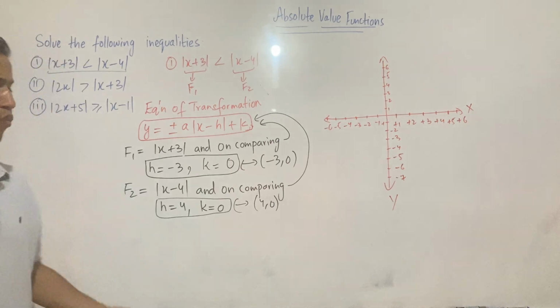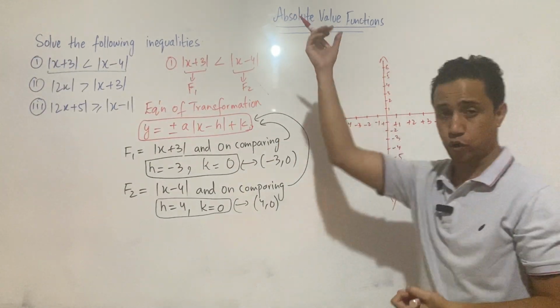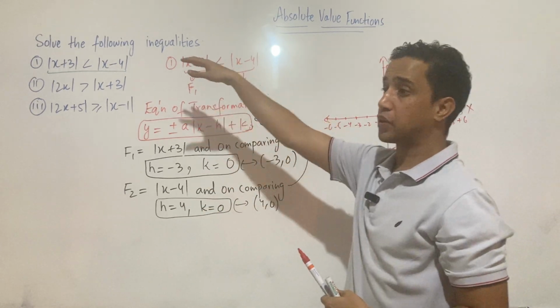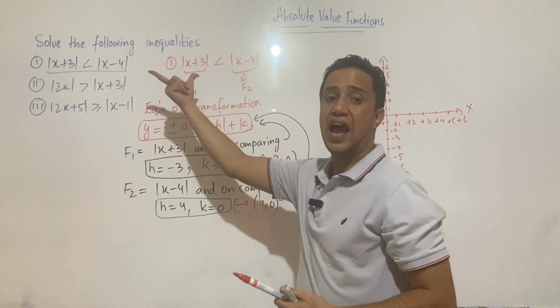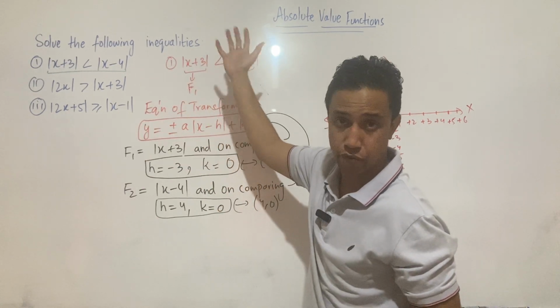Now there is one more thing to notice here, is that this is just a simple inequality. What does it mean? It means that here we do not have addition of two absolute functions on either side of inequality, right?